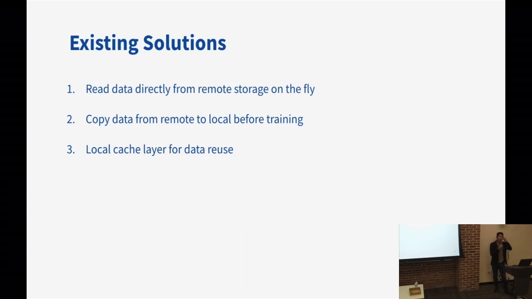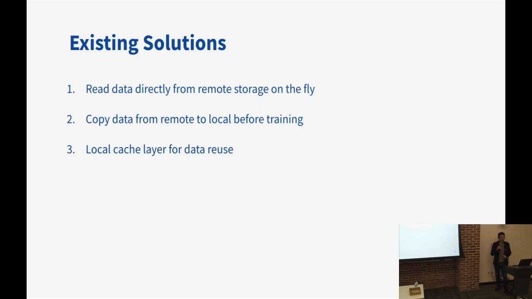Let me say the first one is that we just read the data from the remote storage on the fly, without any cache, without anything. The second one, we copy the data to the local before the training.